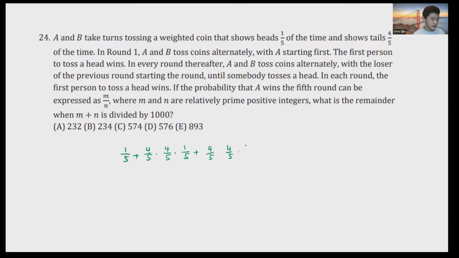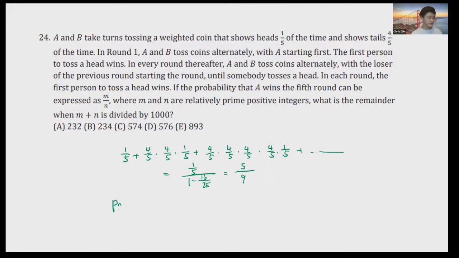Or he wins on his third try, and for that to happen, the first 4 flips have to all be fails and the 5th one is a win for the first player. We keep on adding all of these terms, and we get an infinite geometric series. We can calculate its sum to be this. So in any round, the first person who goes will have a 5/9 chance of winning the round.